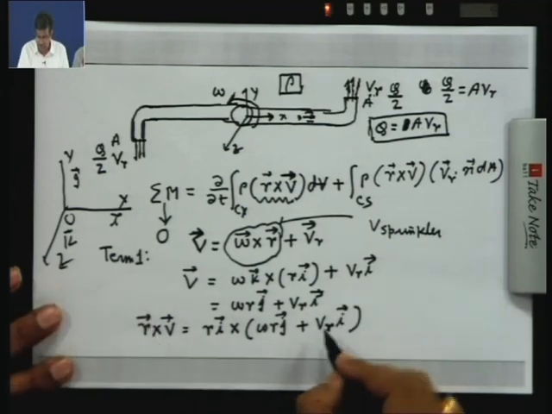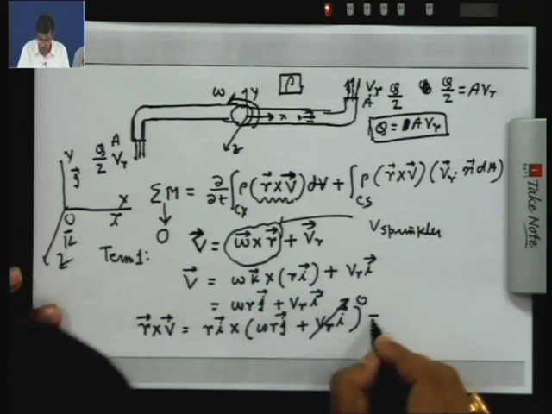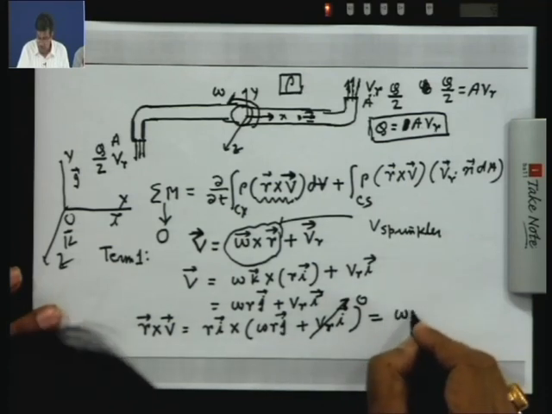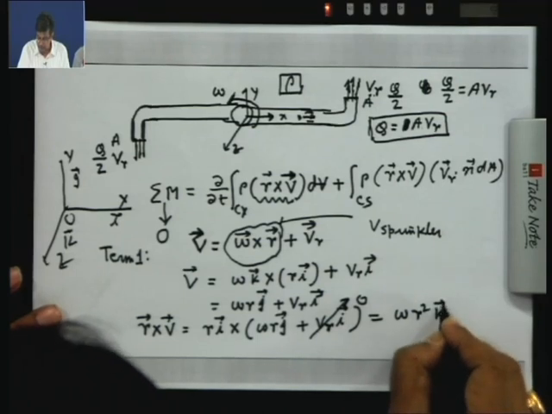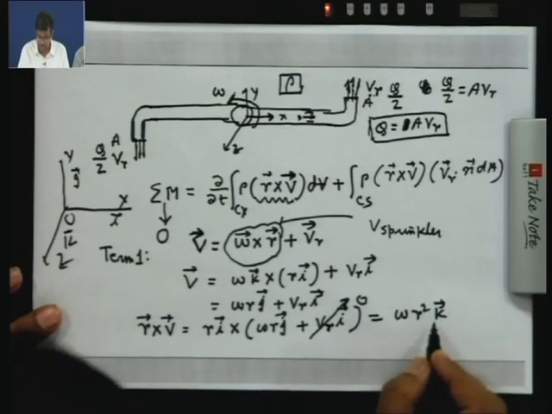Now, i cross i is 0, same direction. So this becomes i cross j is k, so omega r square k. That means this r cross V vector is defined in this way. This is the sense k.